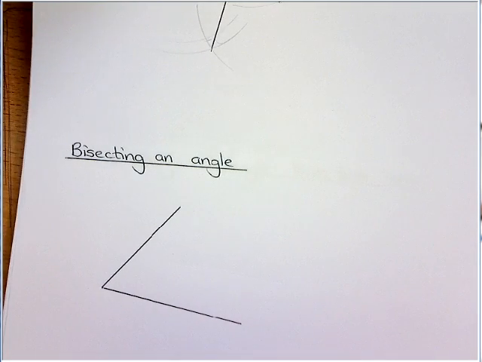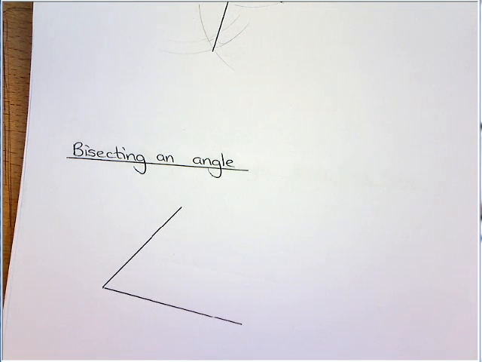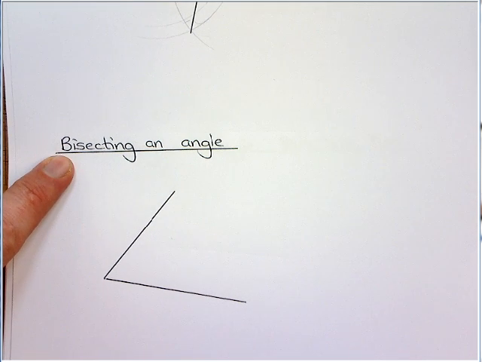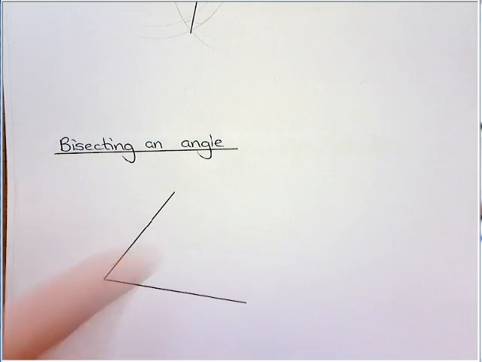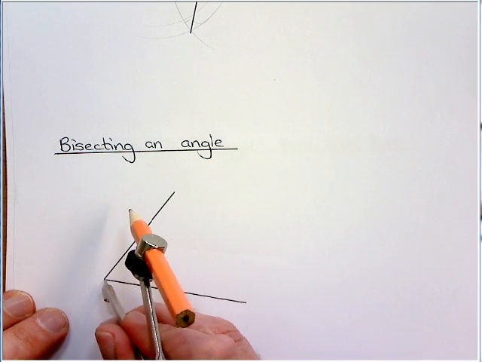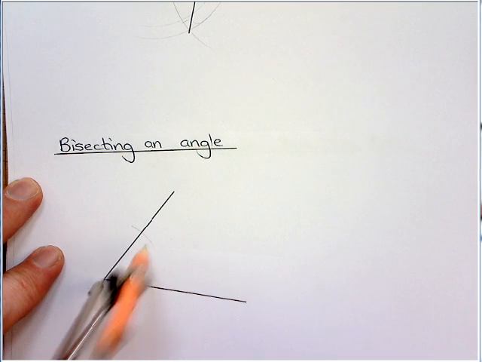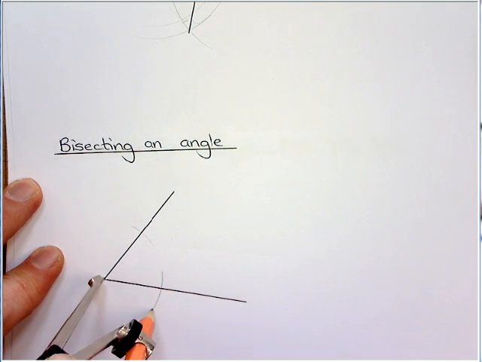Now, the last skill I'm going to teach you on this is how to bisect an angle. These skills feature, and you'll see on the questions I set you, they do feature, and you have to know which skill to use. So, bisect again is cutting in half. So we've got to cut this angle in half. So, just like before, I'm going to make an arc on one side and on the other.